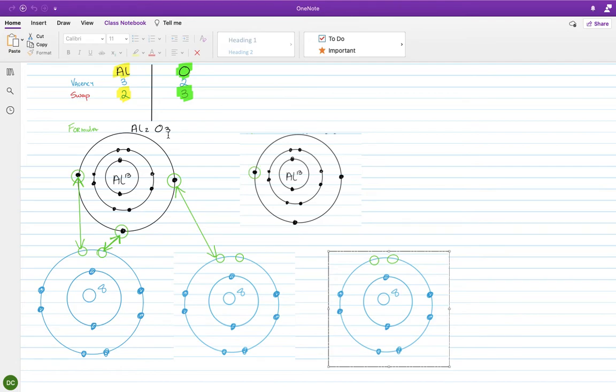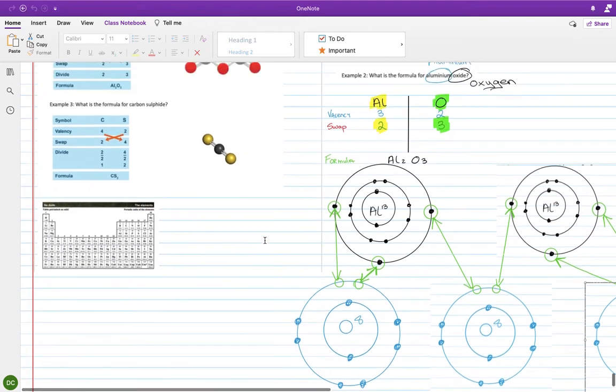This one here can share there. This one here can do a share there, and then this one here can share there. So it all works out.